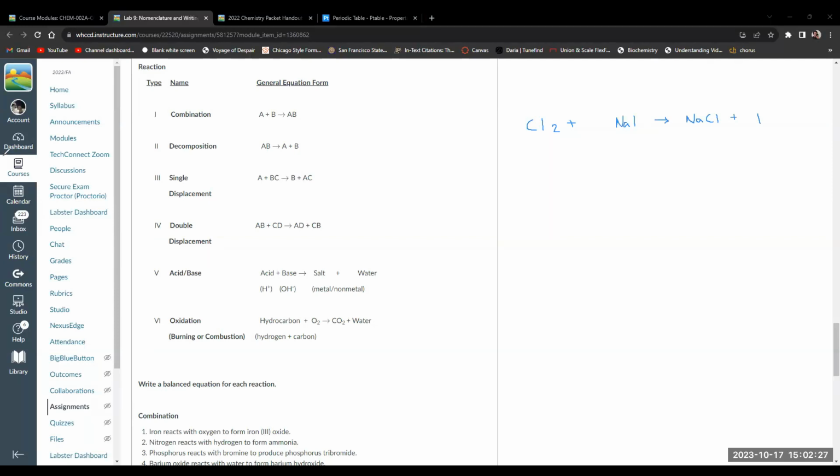Yeah, see how I got that? And again, iodine is also a diatomic. So now let's balance.